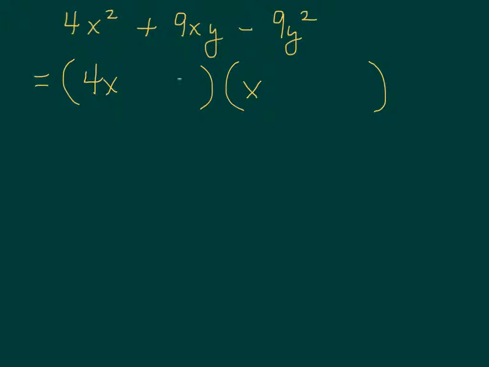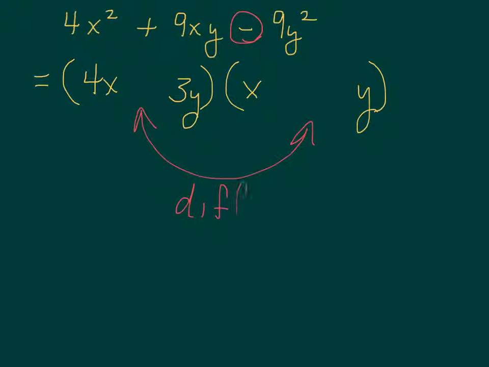Let's try 3y times 1y, and we know, since this is a negative 9y squared, since that's a negative, we know these signs must be different. The signs have to be different, because when we multiply to get that last term using the FOIL process, we wind up with a negative, so that means the signs are different.